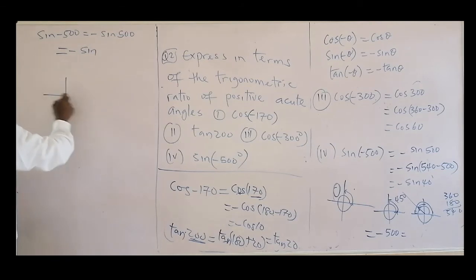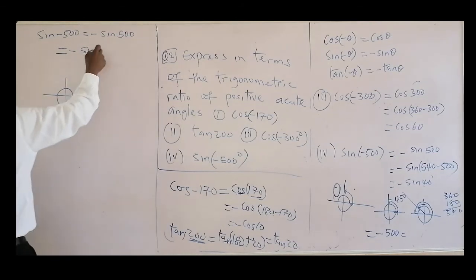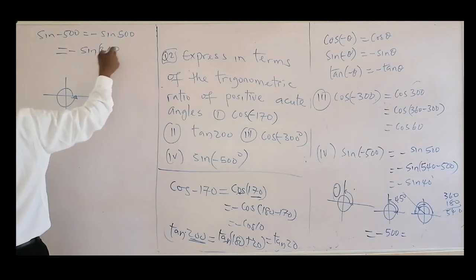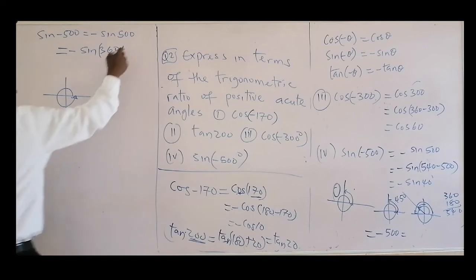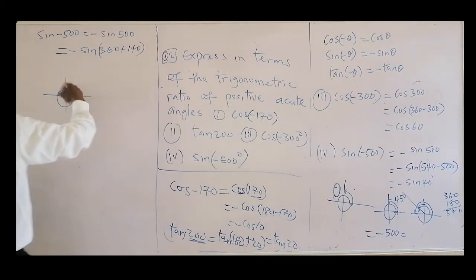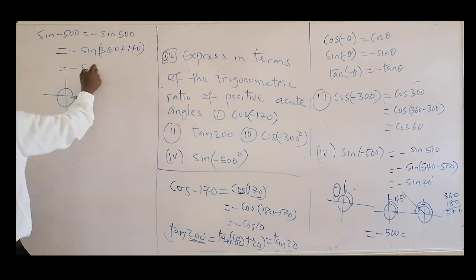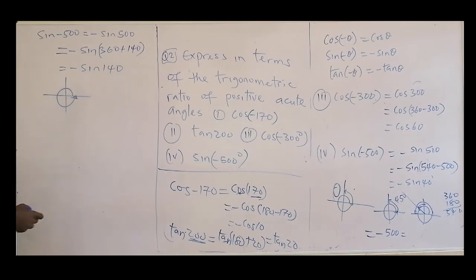Then if you draw, this is 360 complete, plus what amount to make 500? That's 140. So your answer will be minus sine 140. So these are the two ways you can solve that question.